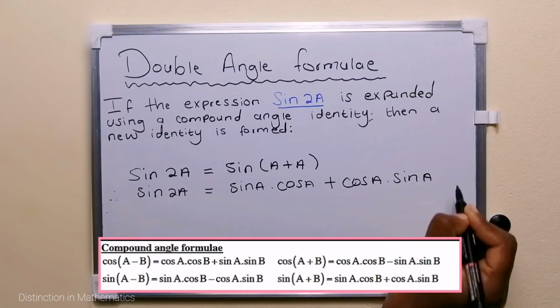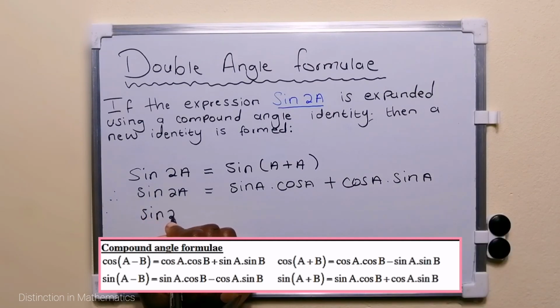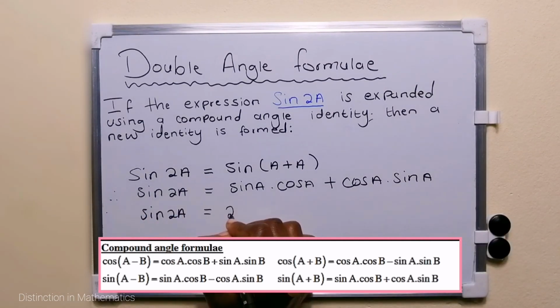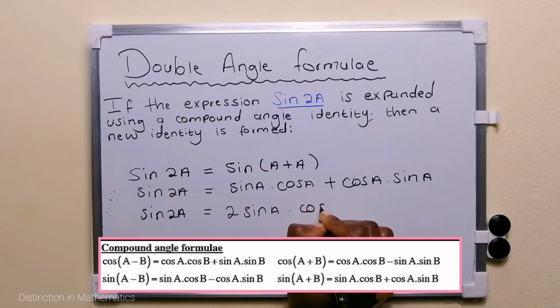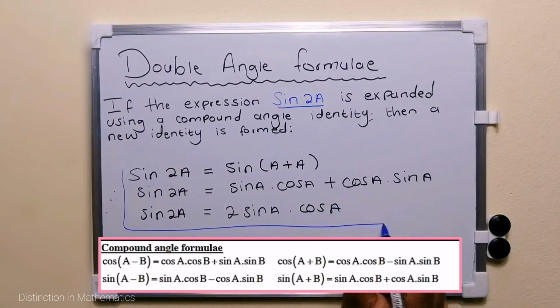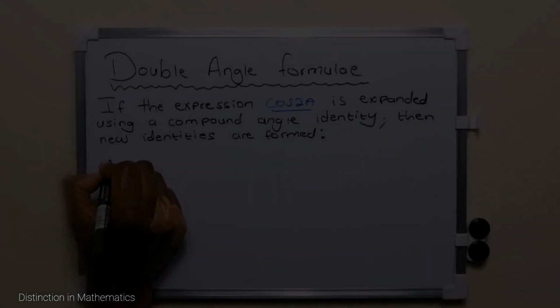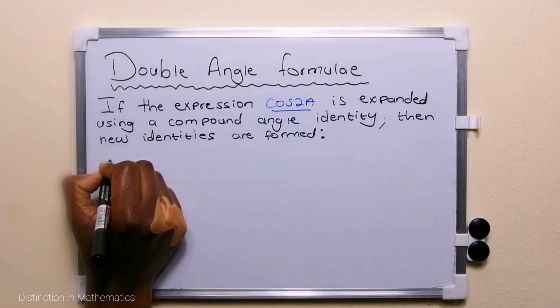And this is the same as x plus x, which will give you 2x. So in this case, sine a cos a plus cos a sine a will give you 2 sine a cos a, because these are like terms. And that is a new identity for sine 2a.